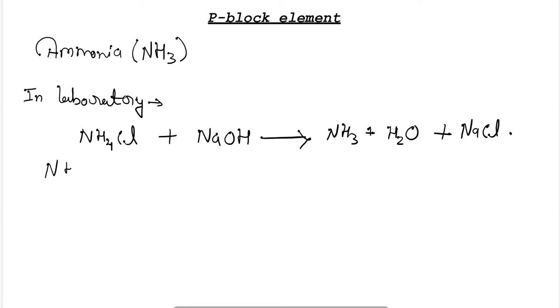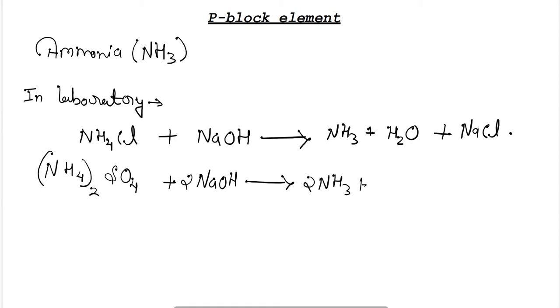Also, one more method we can use is with ammonium sulfate. Ammonium sulfate can be treated with sodium hydroxide to produce ammonia plus water plus sodium sulfate.